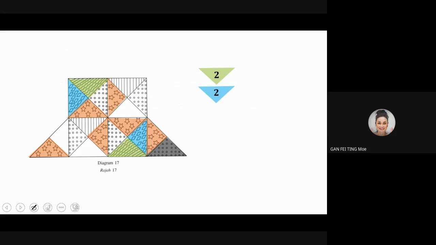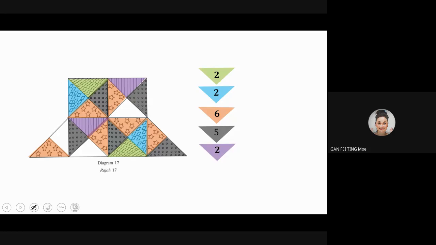Then I highlight the pattern with the star, here I have 6 pieces. The dotted one, I got 5 pieces. The straight line one, I got 2 pieces. The no pattern one, I got 3. So this is the patient part. You must be patient enough to check on this.